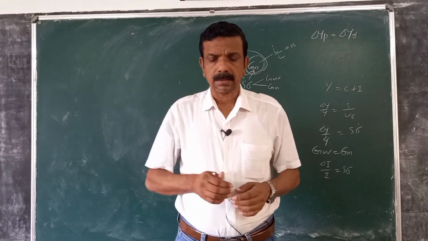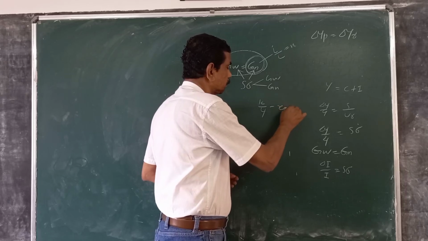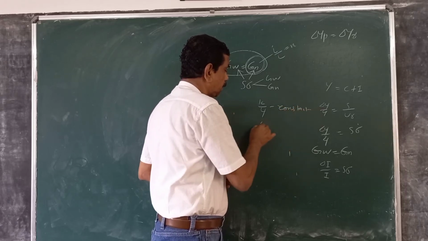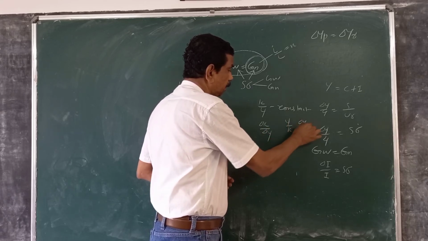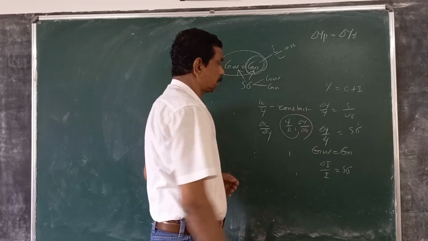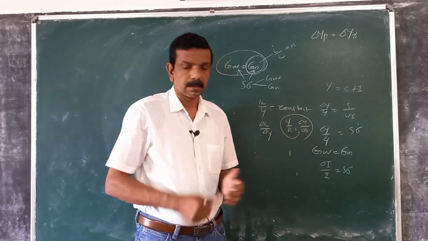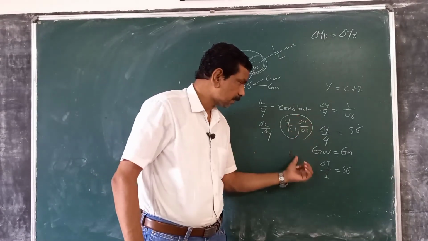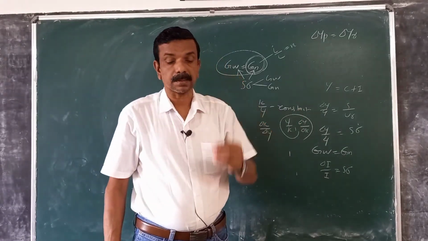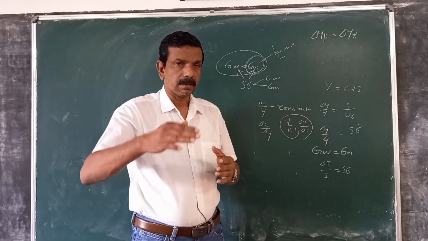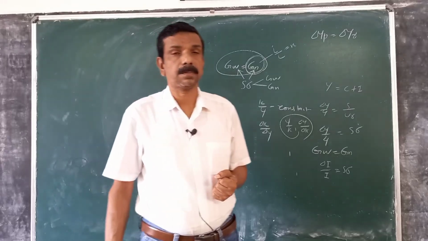And in both models, it is assumed that the capital output ratio is a constant, and delta K by delta Y, or K by Y, or delta Y by delta K is a constant. In the Domar model, it is due to fixity of technology, and in the Harrod model, it is due to the fixity of factor prices. Anyway, both models are based on constancy of the capital output ratio.